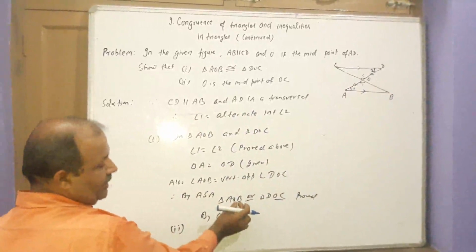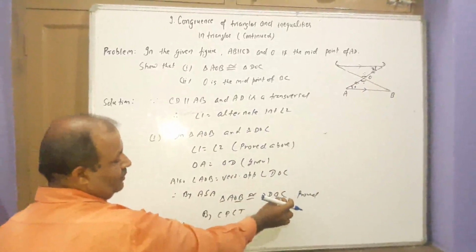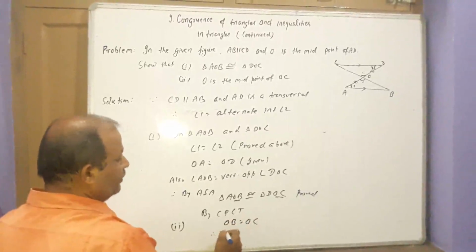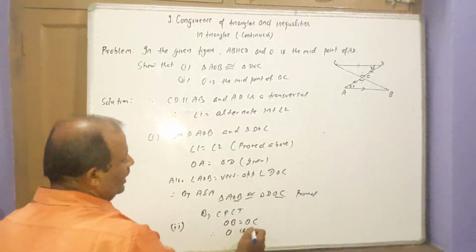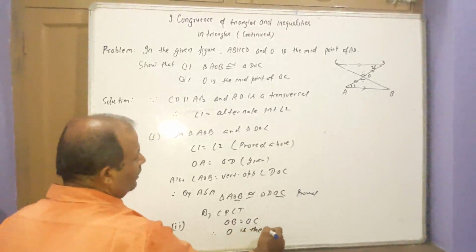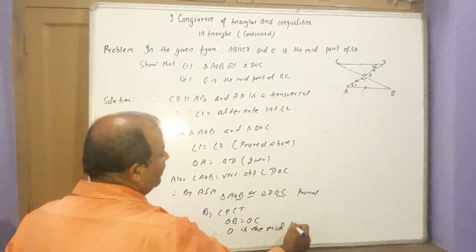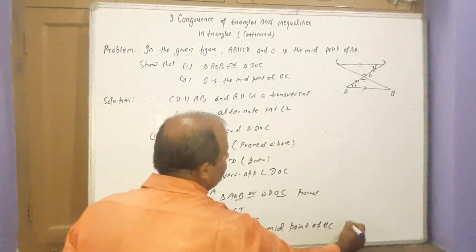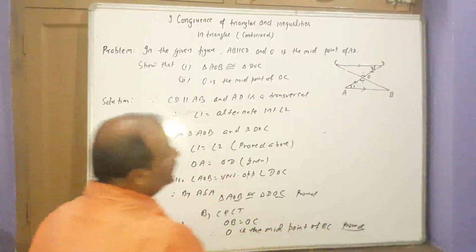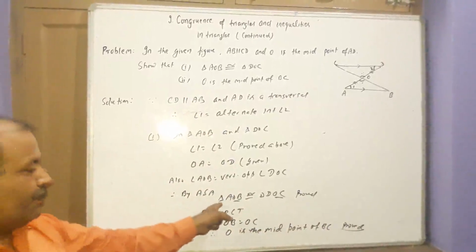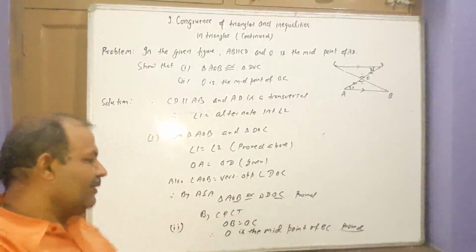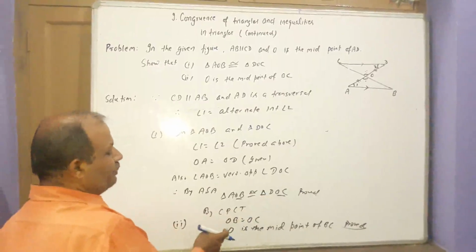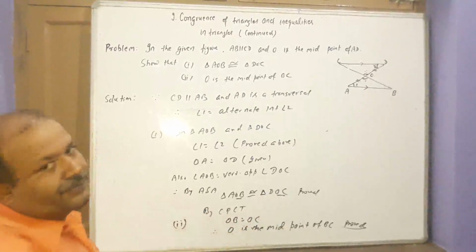So OB is equal to OC, and therefore O is the midpoint of BC. In the first part we have proved triangle AOB is congruent to triangle DOC, and in the second part we have proved that O is the midpoint of BC. Okay.